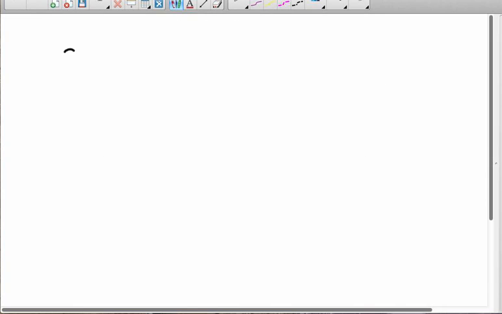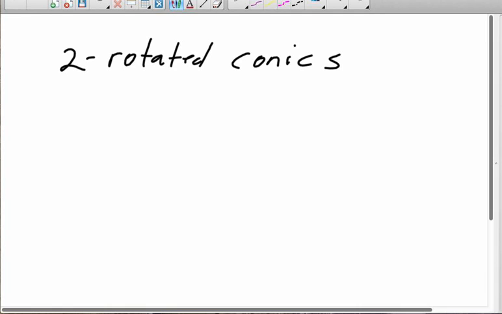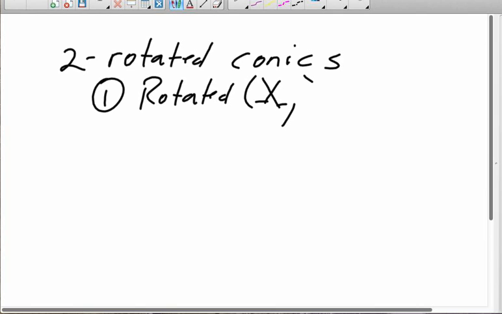We're also going to have 2 of our rotated conics. On one of them, you're going to have to find the rotated, and this is the capital X, capital Y coordinates for a point.